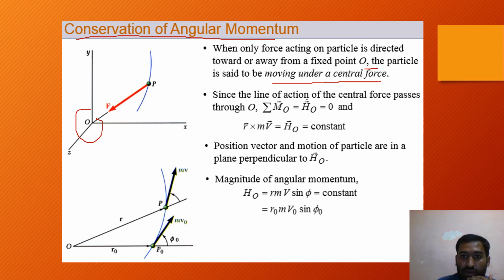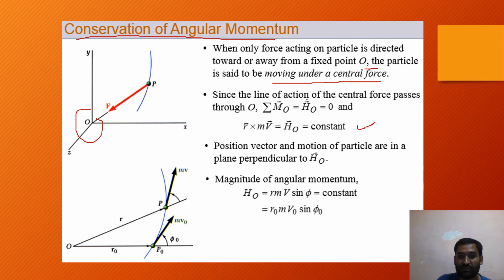Since the line of action of the central force passes through O, the summation of M_O is equal to H_O dot, which is equal to 0, and the simplified equation is equal to a constant.